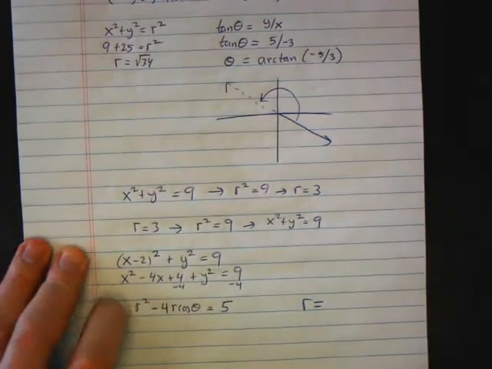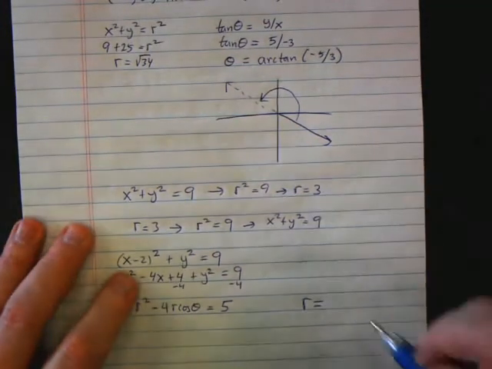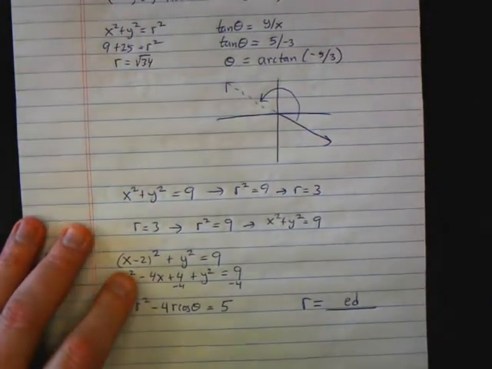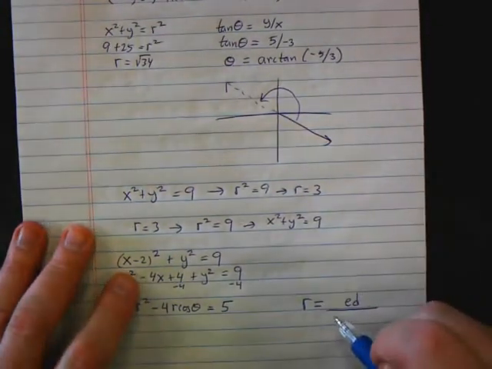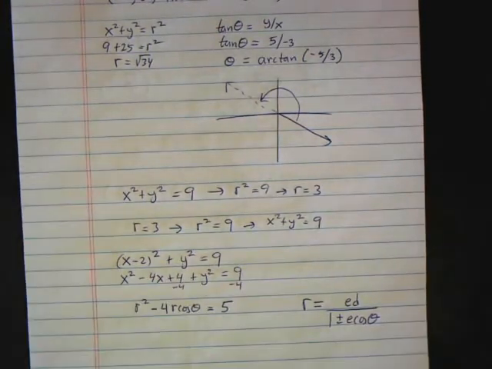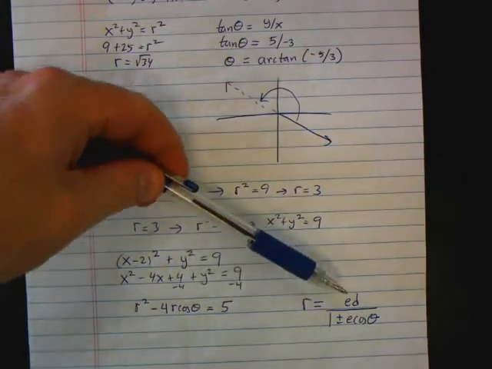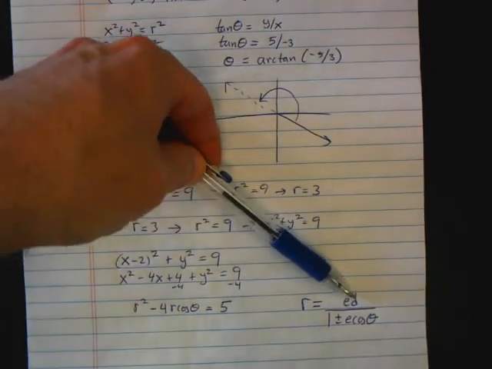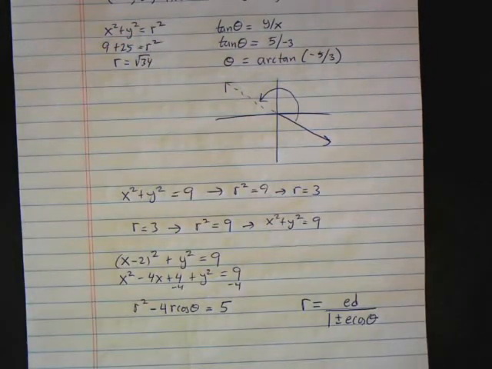You get r equals ed over 1 plus or minus e cosine theta, where e stands for the eccentricity, and d is the distance between the focus at the pole and its corresponding directrix. Whatever that is, you have to look at the picture.